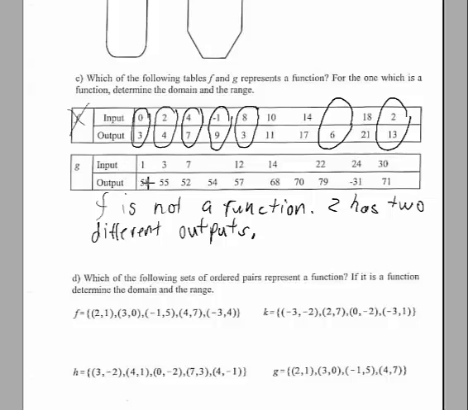This wouldn't violate our definition of a function, but let's see, 58, 55, 52. Not that I see any of the outputs repeat. Just checking. Even if one of the outputs repeated for one of the inputs, that would be fine, as long as we don't have a repeat of an input. So G is a function.